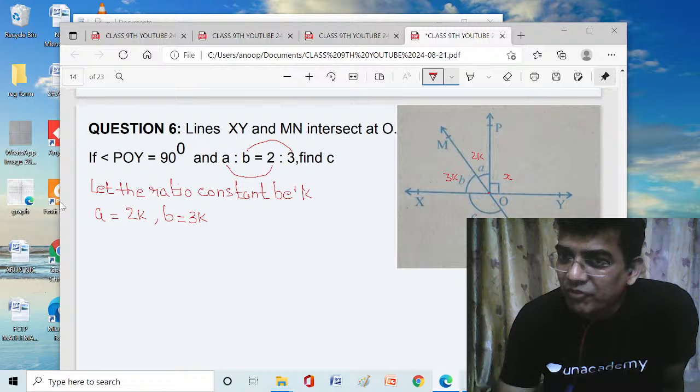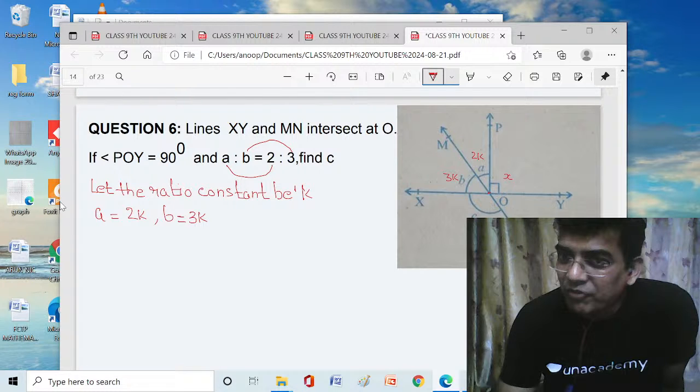So I will write 3k plus A. A, as you can see here, is 2k, and X, as you can see here, is 90. So I'm getting an equation in terms of k. So this is 5k plus 90 is equal to 180, right?